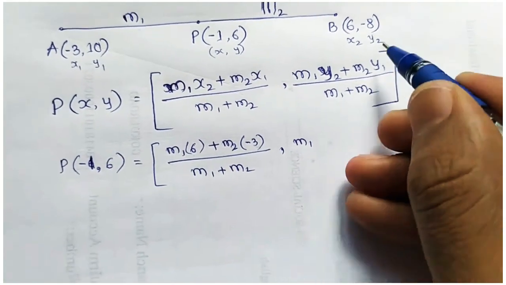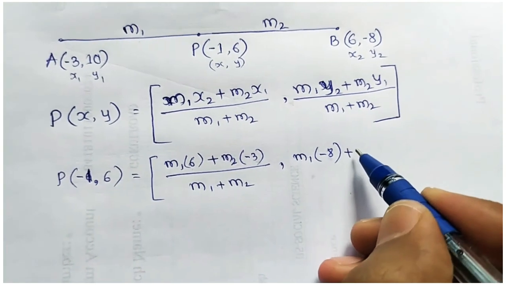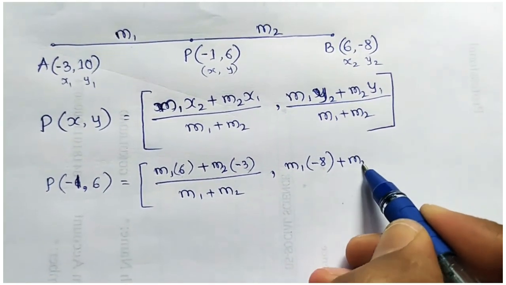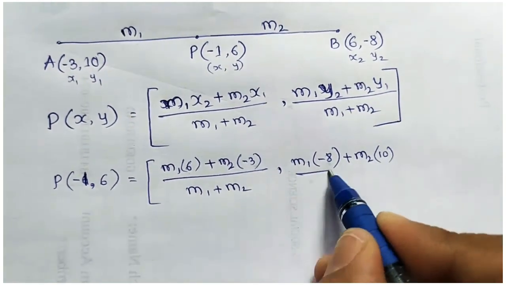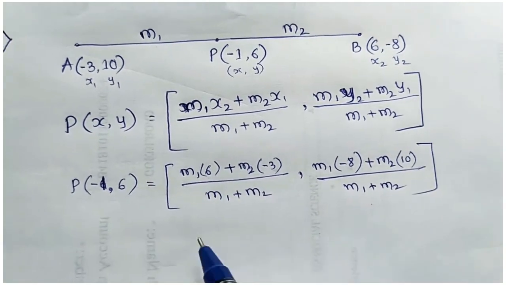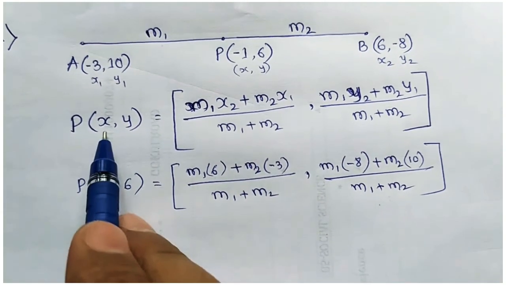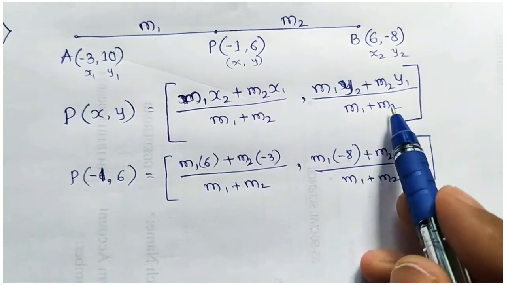Again m1 into y2, which is minus 8, plus m2 times y1, which is 10, divided by m1 plus m2. From the start I told you the x value comes from this formula and the y value will come from this formula.